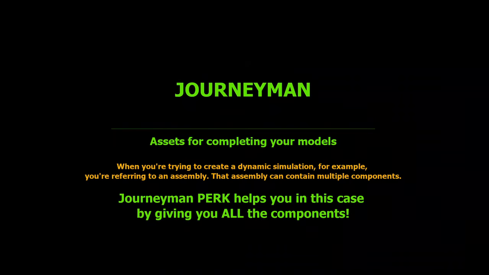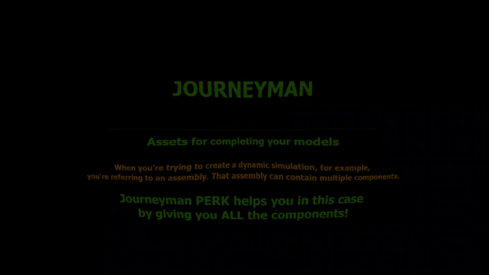The Journeyman perk offers you the assets for completing your models. When you are trying to create a dynamic simulation, for example, you're referring to an assembly. That assembly can contain multiple components. Journeyman perk helps you, in this case, by giving you all the components.